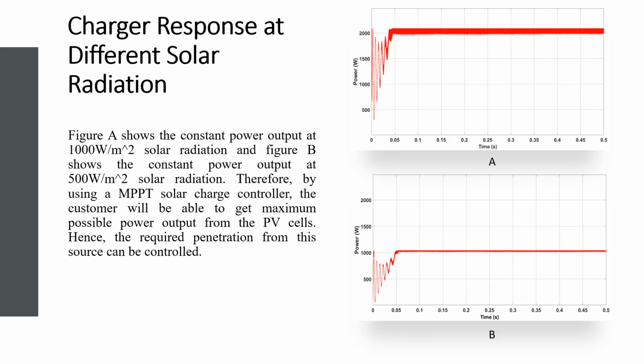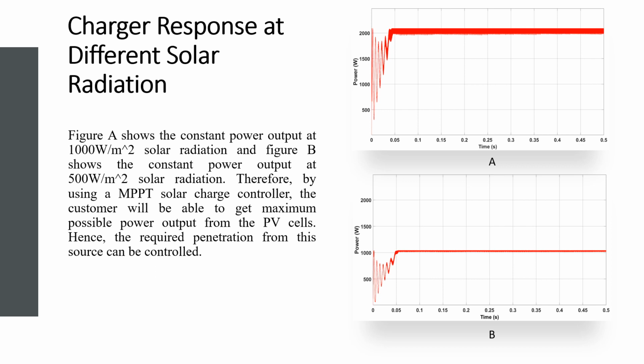So this is the effectiveness of the MPPT charge controller. As you can see in figure A, when the solar irradiation is 1000 watt per meter square, it maintains 2000 watt power output constantly. And when the solar radiation reduces, the output power reduces as well.